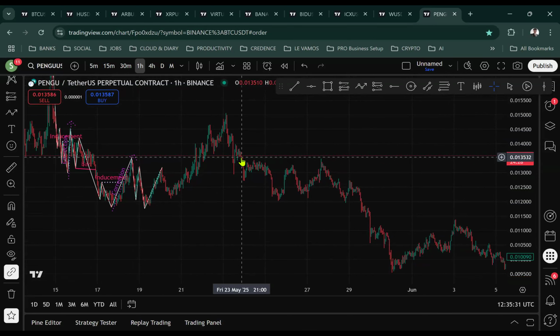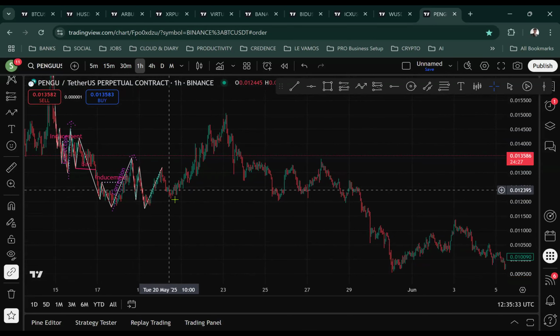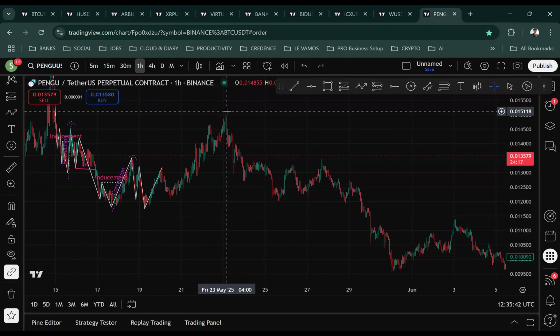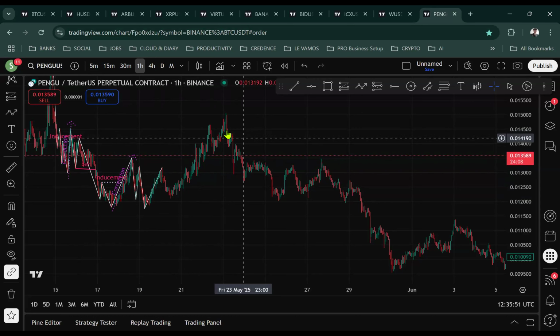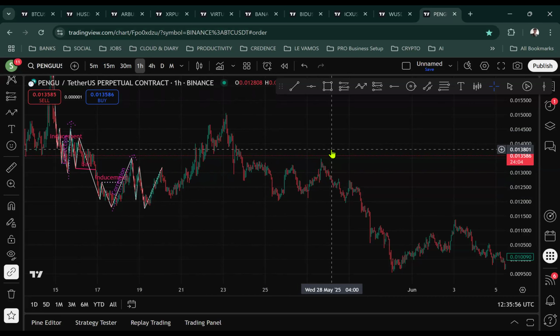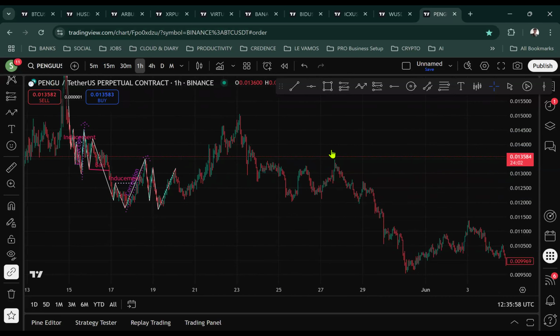Now for example, here there is a tricky case because it crossed the first correction and also the second correction. This is not the end of the correction. The correction continued to this top. Remember, I said a correction move or an impulsive move.